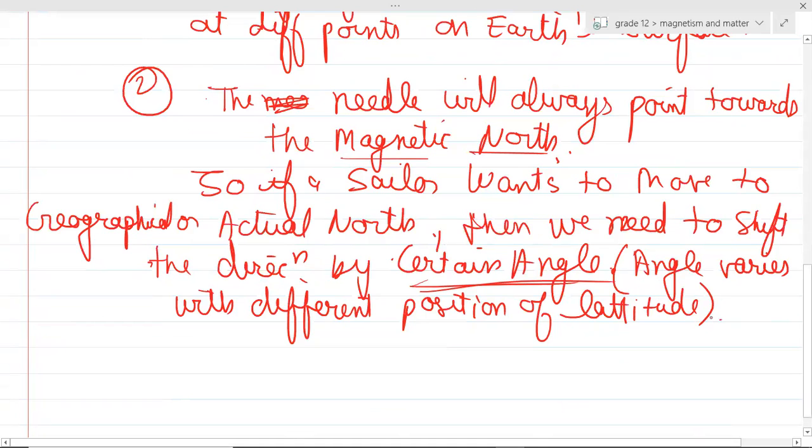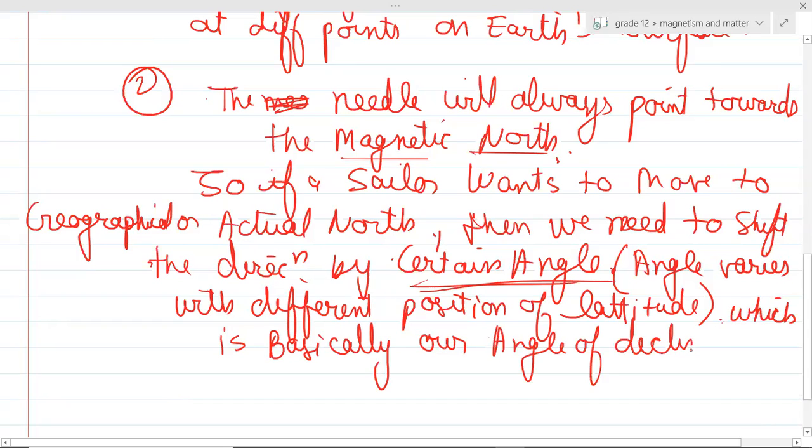Reach the geographical north. And this angle is nothing but, basically, our angle of declination.